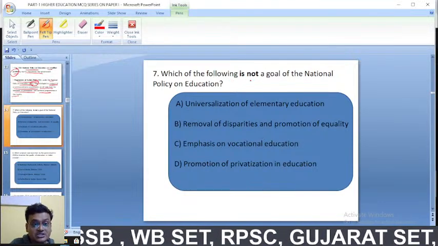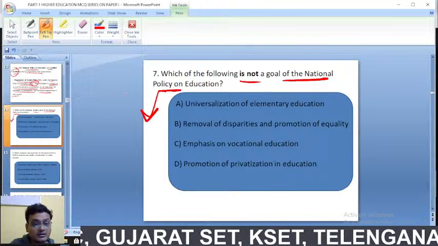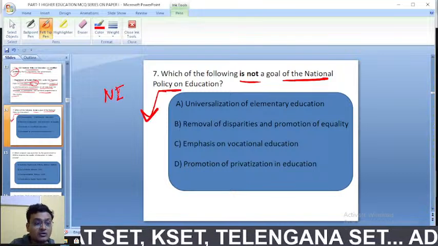Which of the following is not a goal of the National Policy on Education? Which of these is not a goal of NEP?